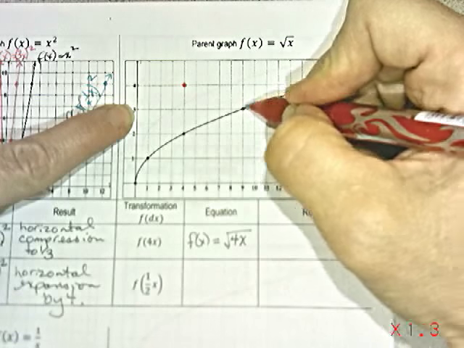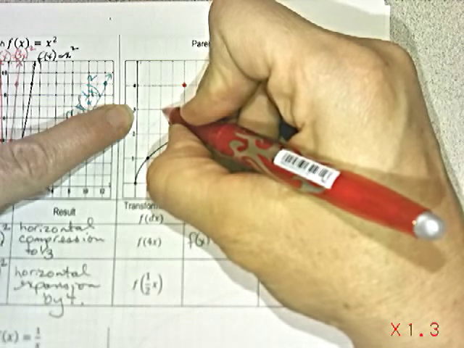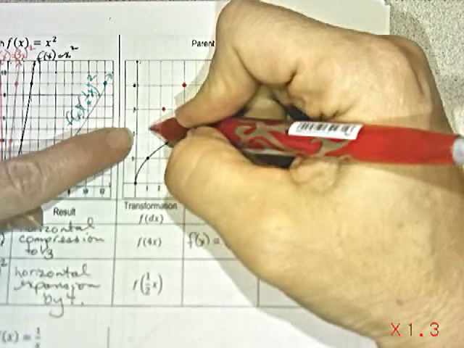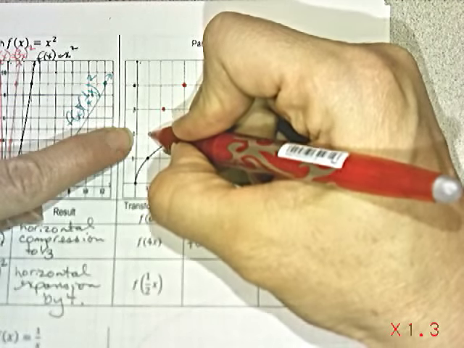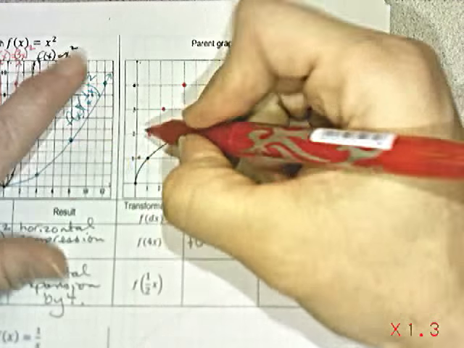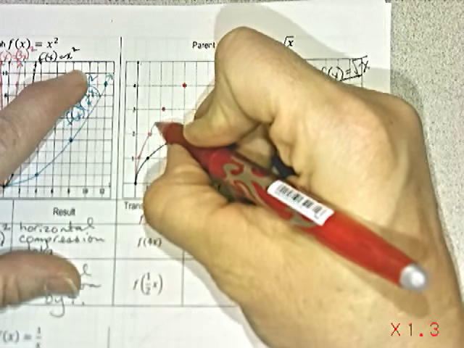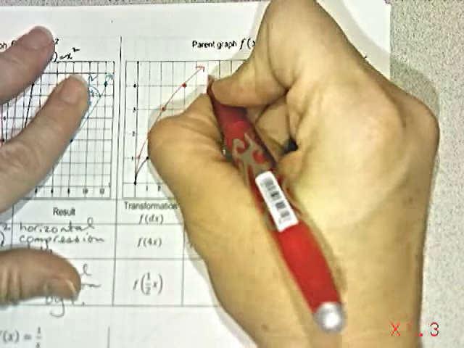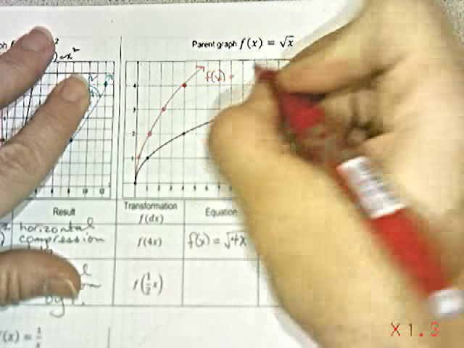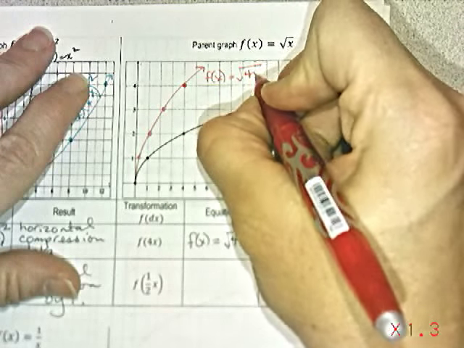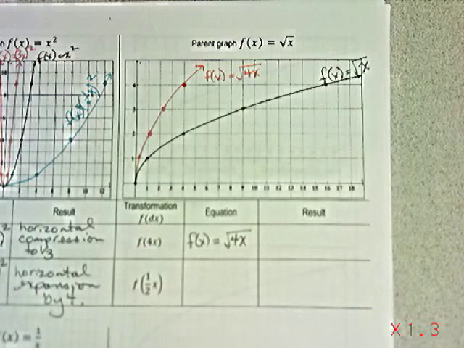Instead of going over 9, 9 divided by 4 is a little more than 2. Instead of over 4, it's a quarter of that. A quarter of 1, a quarter of 0 is still 0, and so we got this transformed function. That is my function where I have a 4 inside my square root function.